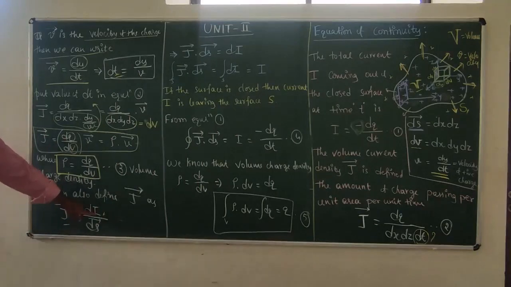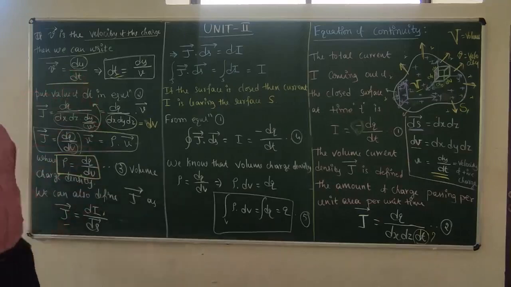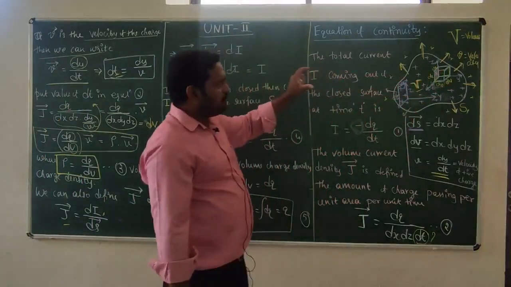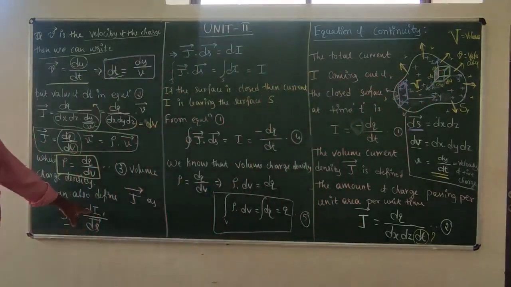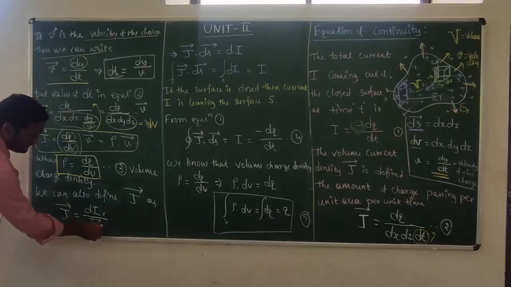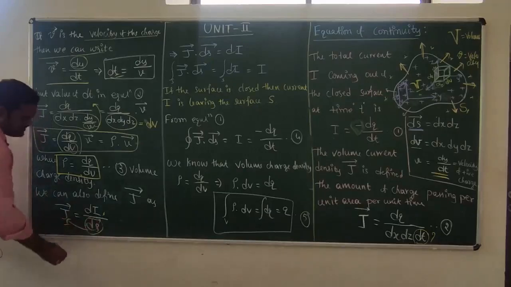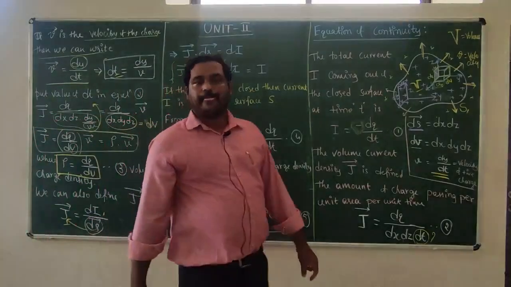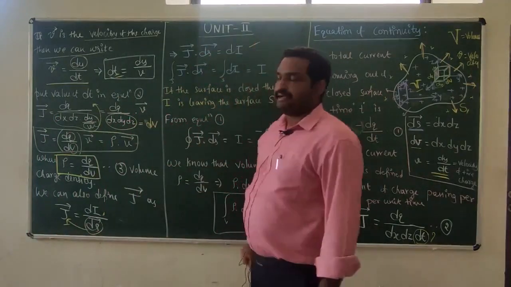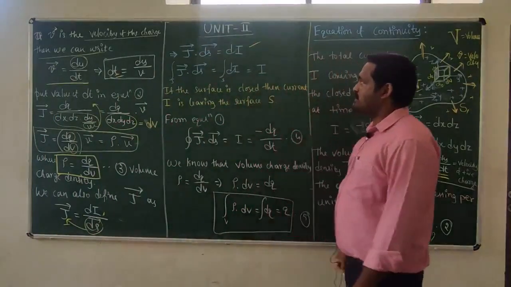In a small volume dv, the current is di, divided by the perpendicular area ds. Rearranging, bringing ds to the left hand side, we get J dot ds is equal to di.